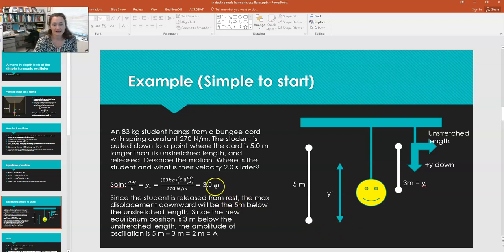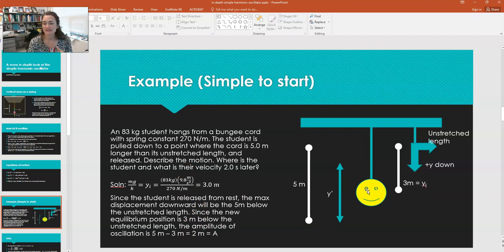All right, now we can solve right away for our amplitude of oscillation A of this student. So what's happened is, it says the student's pulled down to a point where the cord is 5 meters longer and then released. So I'm interpreting that to mean that they weren't pushed, they were just pulled down and then released from rest, okay? So if that's the case, then that will be the lowest point that the student hits in their up and down bobbing motion, okay?